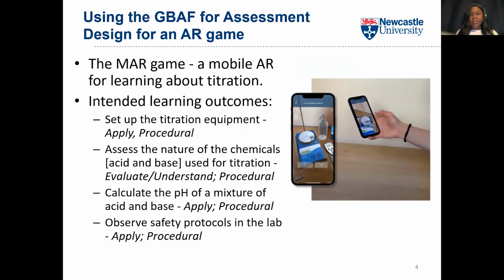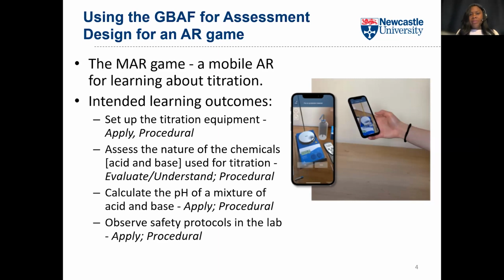Here is an application of the game-based assessment framework to the design of assessment for an AR game known as MA game. It's a titration game, a game that was designed to teach high school students and students in the first few years of higher education titration operation.